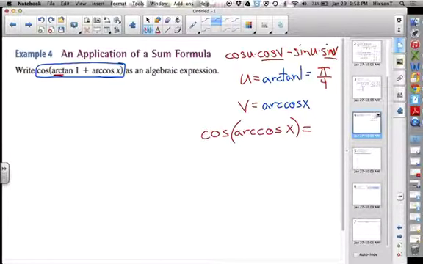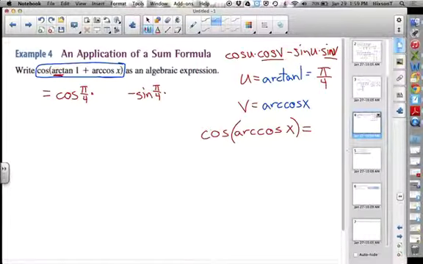So I already know when I'm plugging things in, I'm going to have the cosine of pi over 4 times whatever the cosine of v is, we'll get to that, minus the sine of pi over 4 times the sine of whatever v is.